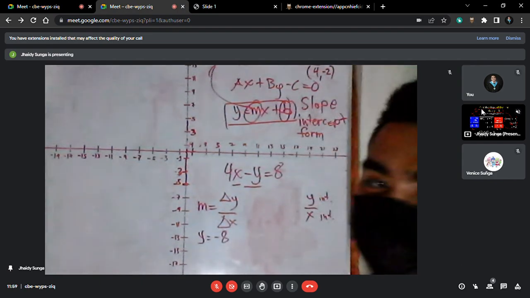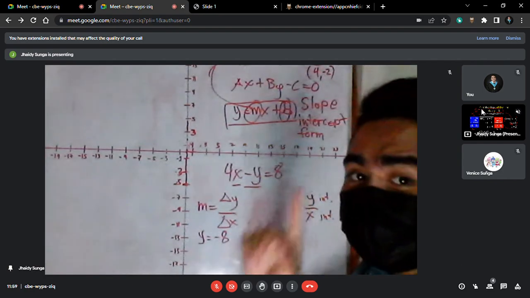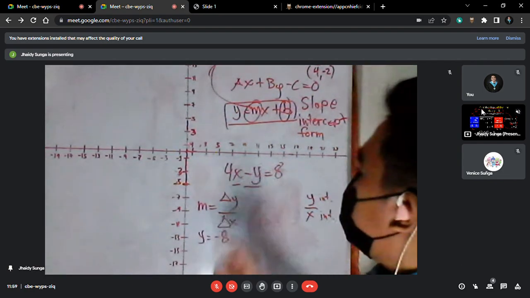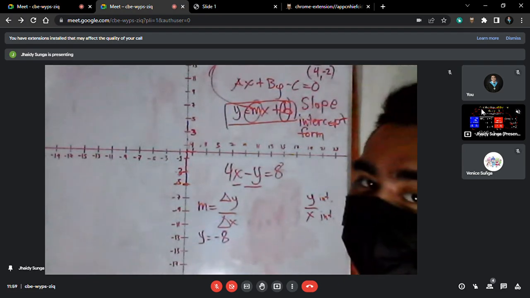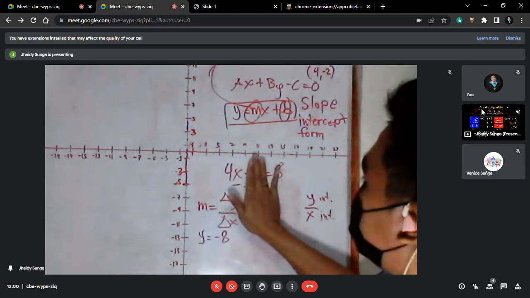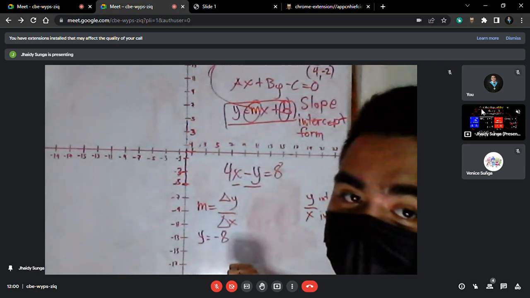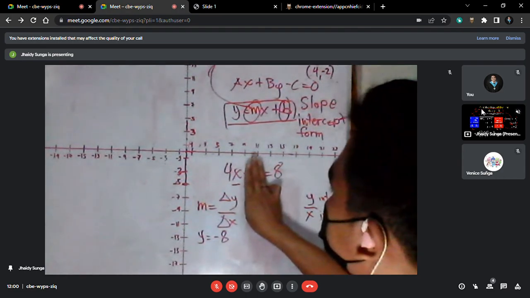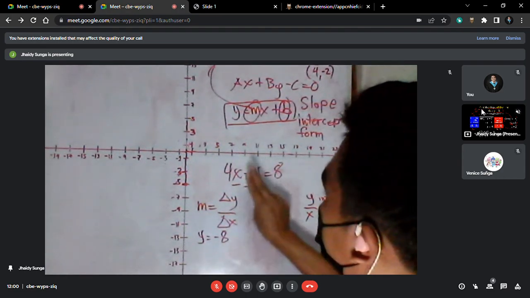How about x-intercept? The x-intercept, this is the one that you need for x, right? So all in x that you have will remain, and all y you will be covering up. The thing that you need is x-intercept, so I will be covering up this y.